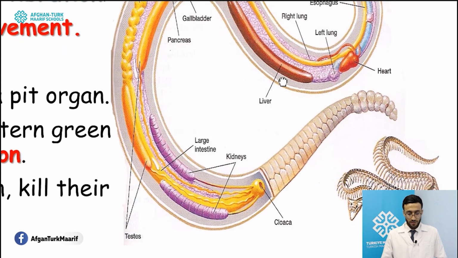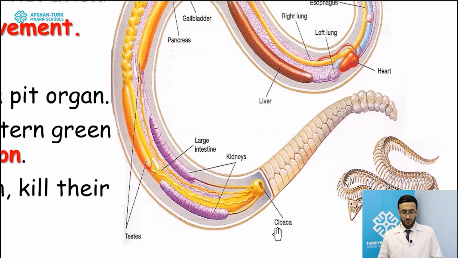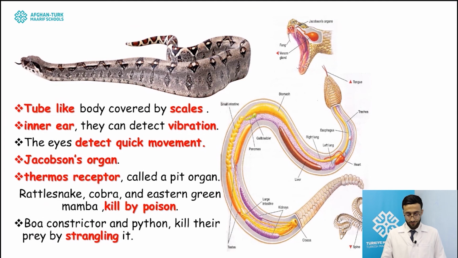And the most important thing is that their body ends with the cloaca, which is used to excrete waste materials and to produce offspring, the region of the reproductive system. And about the vertebrates, you can see that their spine is organized in a manner that they are called vertebrate animals.